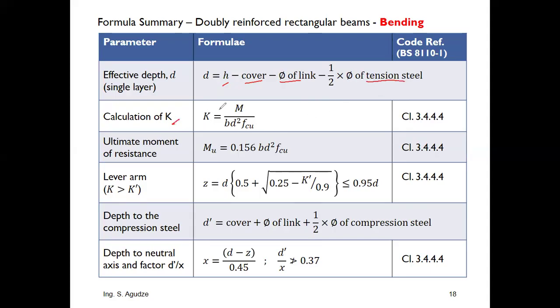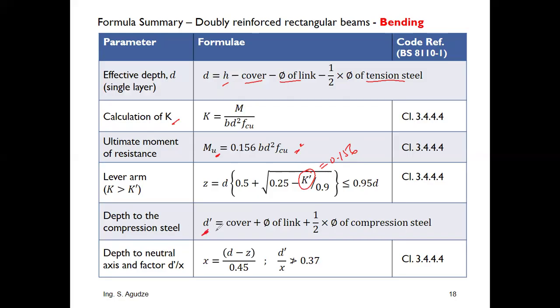And as for the K, it is the same thing, M over b d squared f cu. And if you want to calculate the ultimate capacity of a section, you can use this formula. In this case, remember that K is greater than K prime. What I stress is that the K in this formula is K prime, not K. And we know K prime is 0.156. Is that okay?